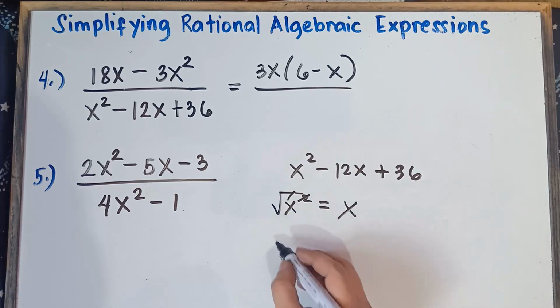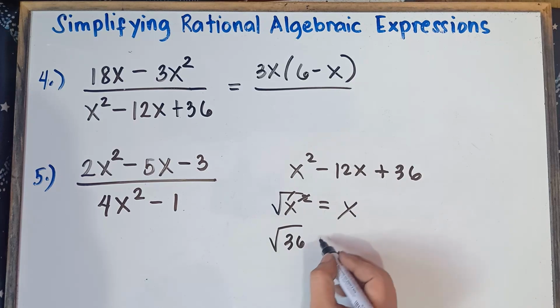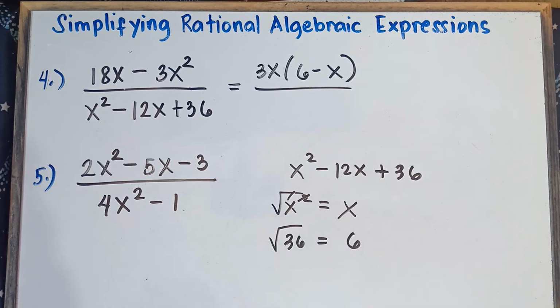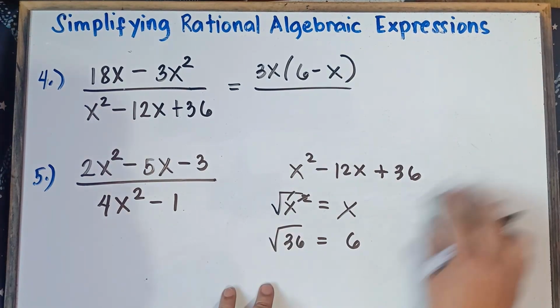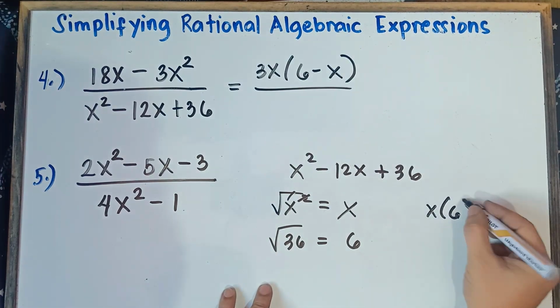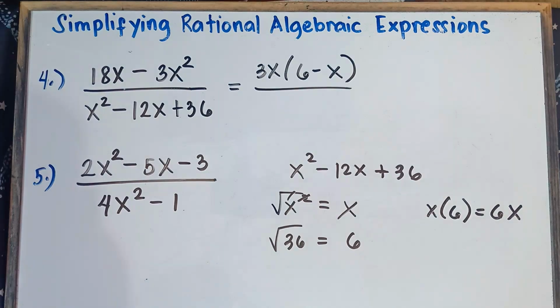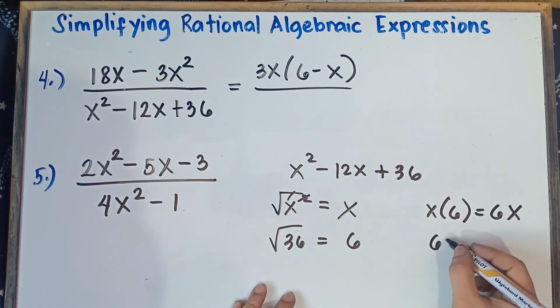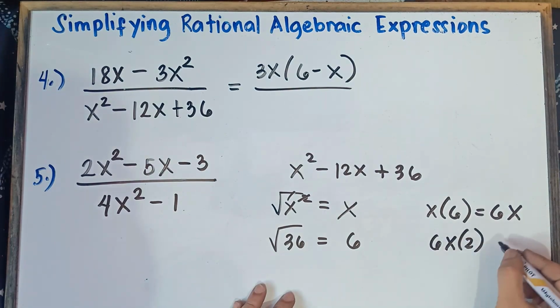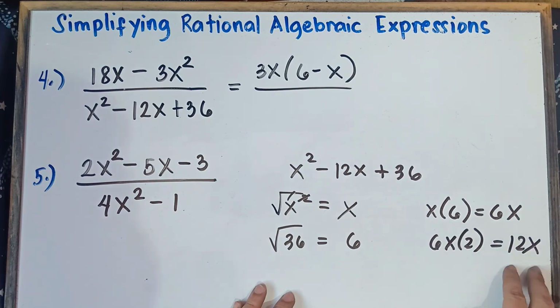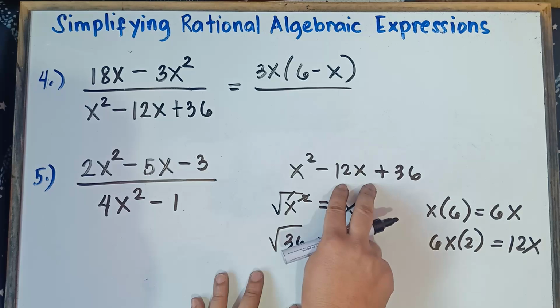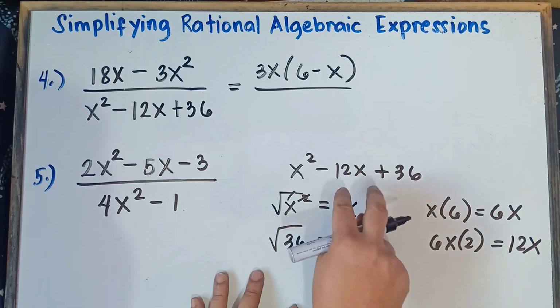Get the square root of the last term, the square root of 36, that would be 6. Multiply x times 6, that would be equal to 6x. Double your answer, 6x times 2, that would be equal to 12x. Now, if your answer is the same as the middle term, therefore, class, this is a perfect square trinomial.